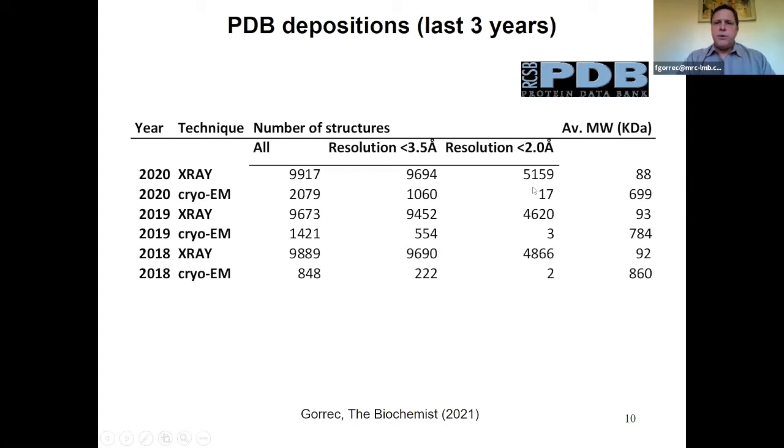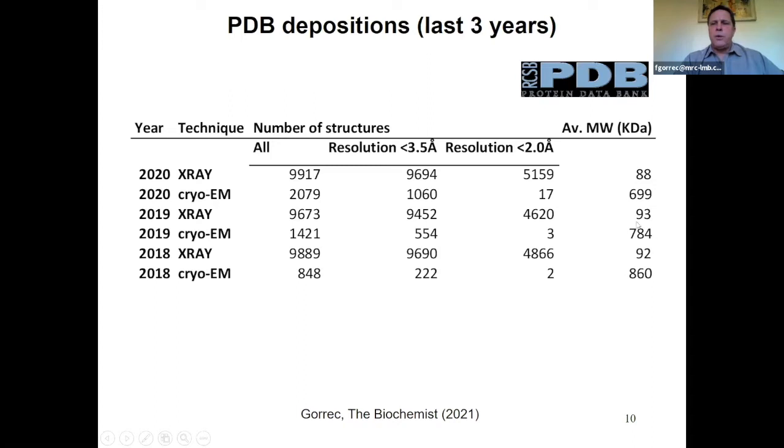But what's important here is to see what's happening at very high resolution, notably under 2 angstrom resolution. And here you can see that you still have quite a large amount of structures solved with X-ray crystallography, whereas in cryo-EM it's still kind of the beginning of the high resolution era.